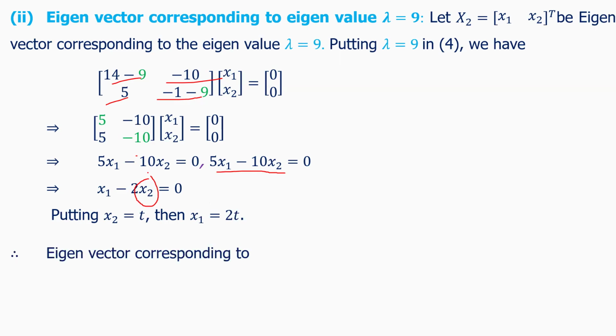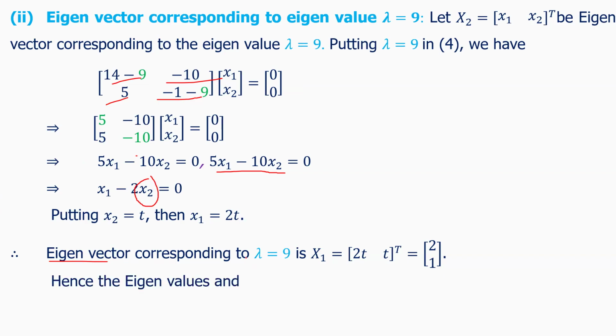Hence, the eigenvector corresponding to lambda equal to 9 is (2t, t) transpose. If we take t common, the least value is 1, so we write (2, 1). This is the eigenvector corresponding to lambda equal to 9.